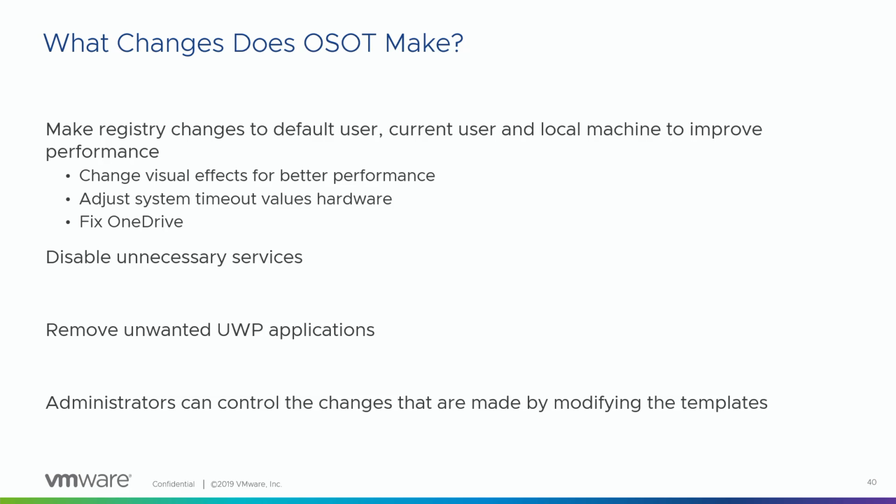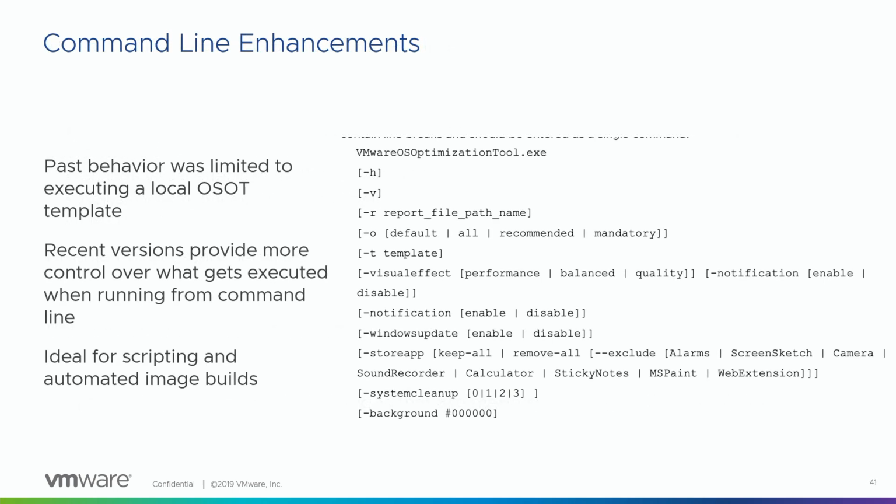Then it's going to disable and remove a lot of unwanted or unnecessary things for VDI. Now you can control the changes that are being made because you can modify the templates that are being used. And finally, we can automate this through command line. So if you're using a tool like Packer or MDT to build your image, you can add this in as part of your build process.